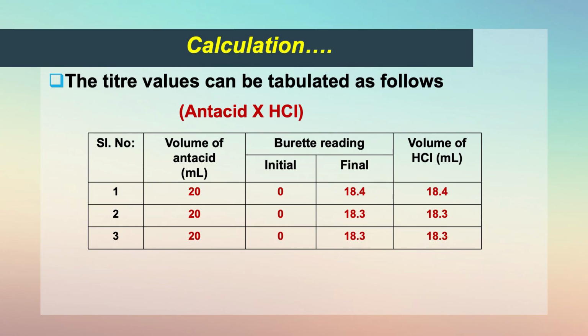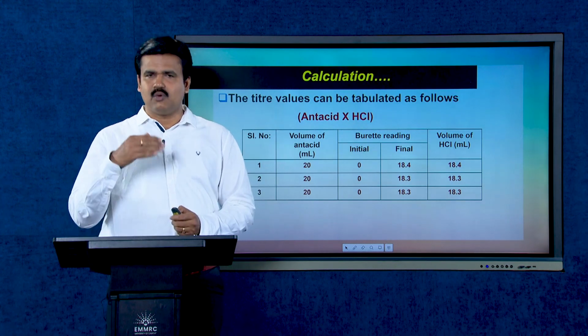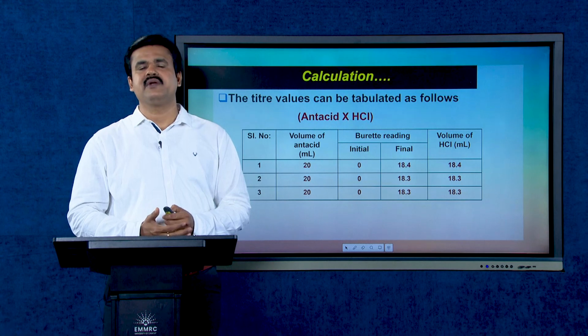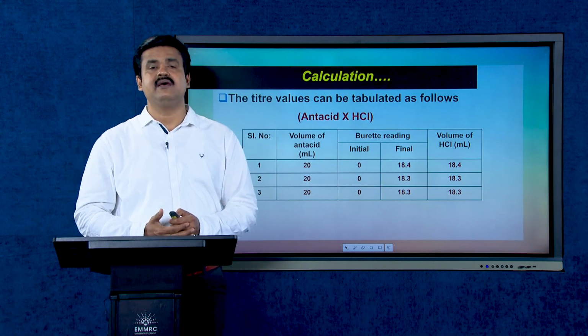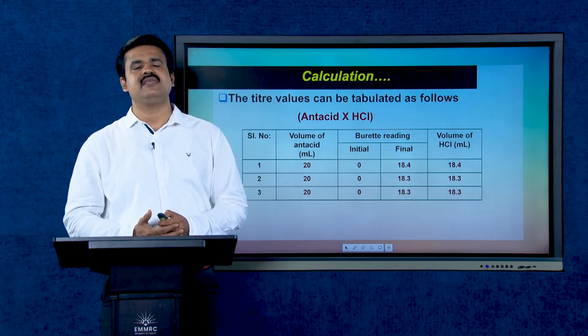These solutions are titrated with the standardized HCl taken in the burette with the titer values 18.4, 18.3 and 18.3. From this chart it is clear that 18.3 is the concordant value of the titration. That is, the volume of HCl required to neutralize the prepared volume of antacid solution is 18.3 ml.